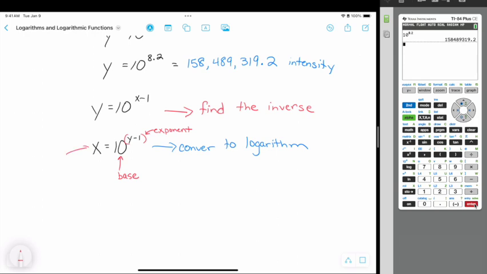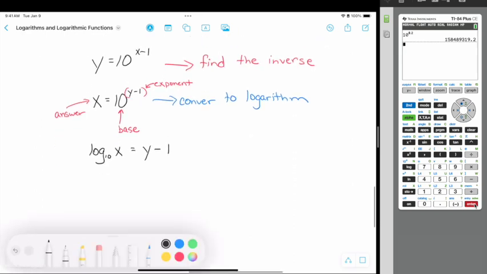And that would make x the answer to the exponential equation. So we will have log base 10 of x equals y minus 1. Because a log is an exponent, the log is going to equal whatever the exponent is.